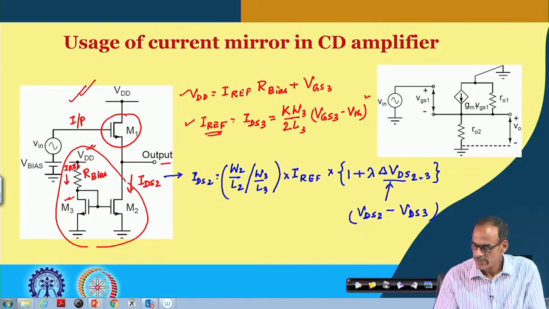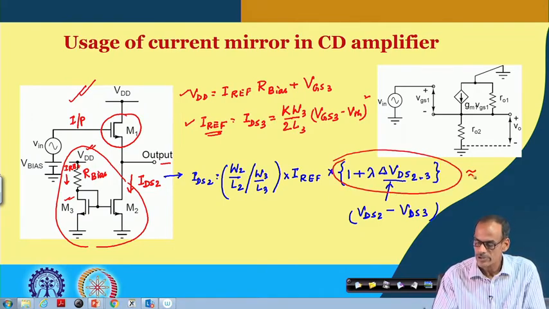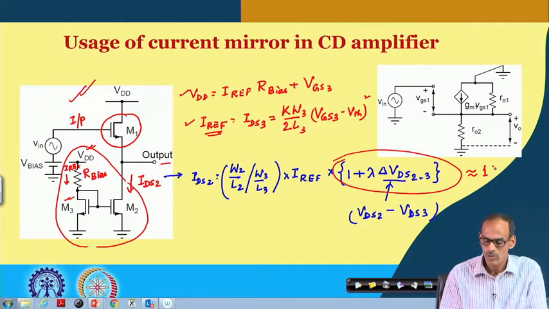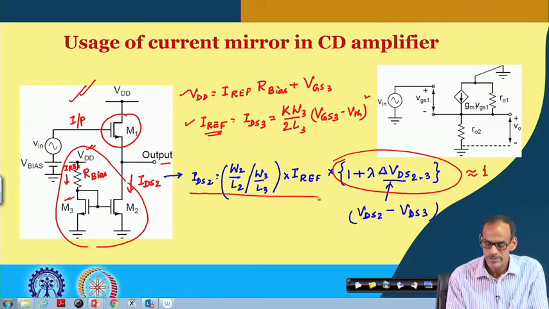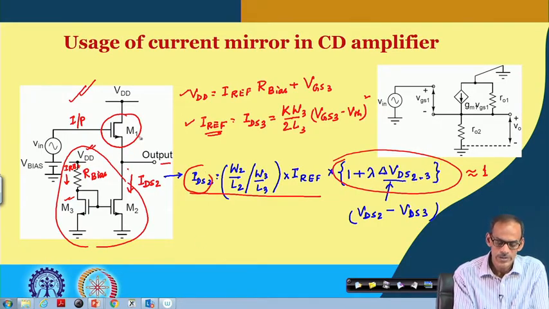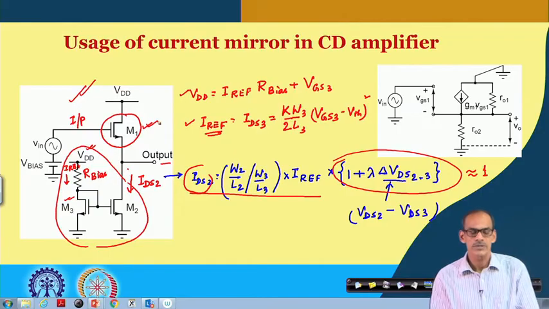So, by dropping this part, or approximately making this part equal to 1, we can get the expression of the current here, which defines the current of transistor 1.